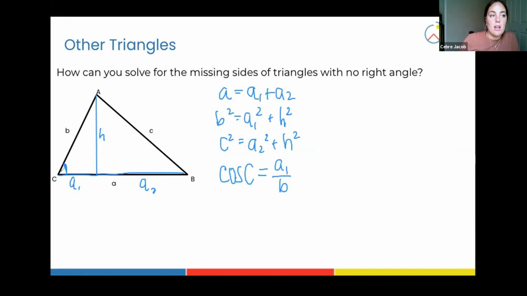So the first one is true because those two little sides are splitting up the bottom side A. The middle two are true because of the Pythagorean theorem. And the last one is true because it's a trigonometric ratio. Cosine of an angle equals adjacent over hypotenuse.